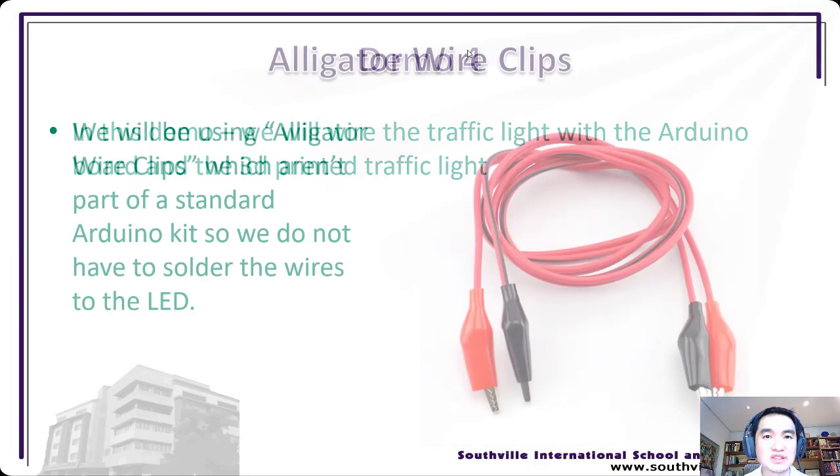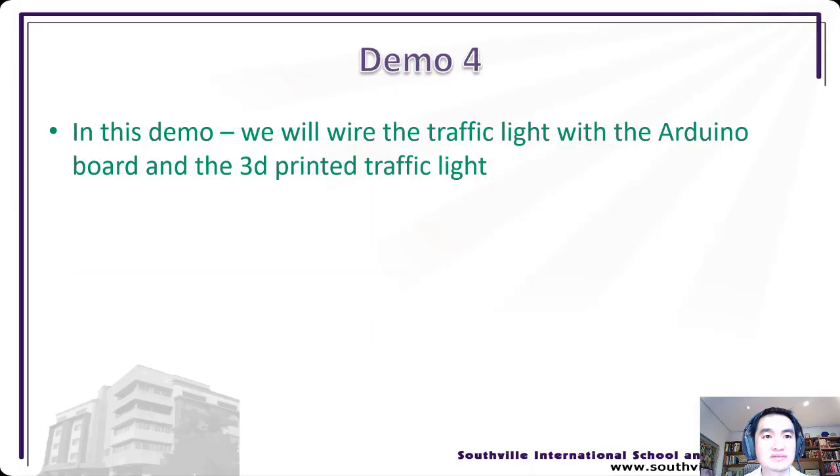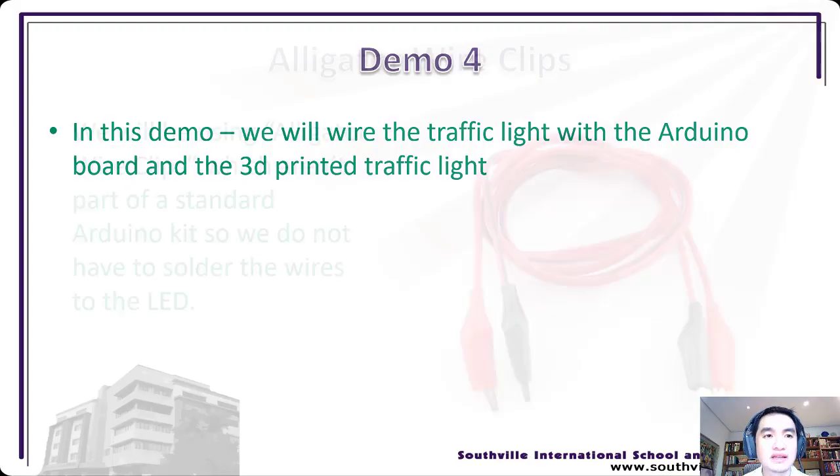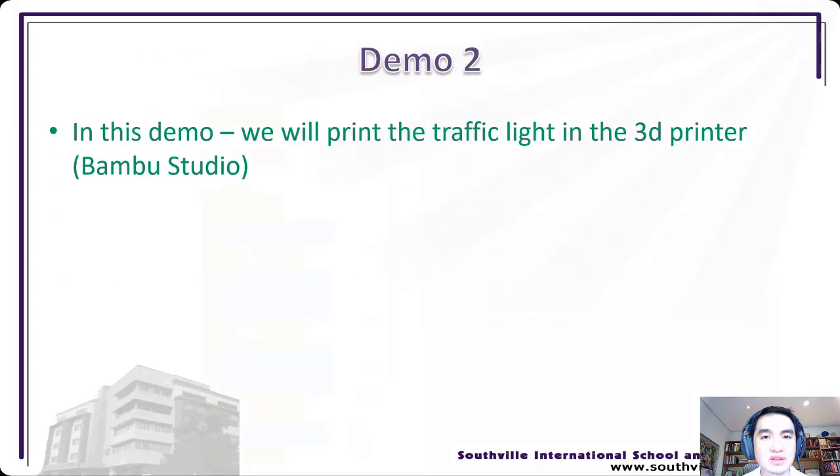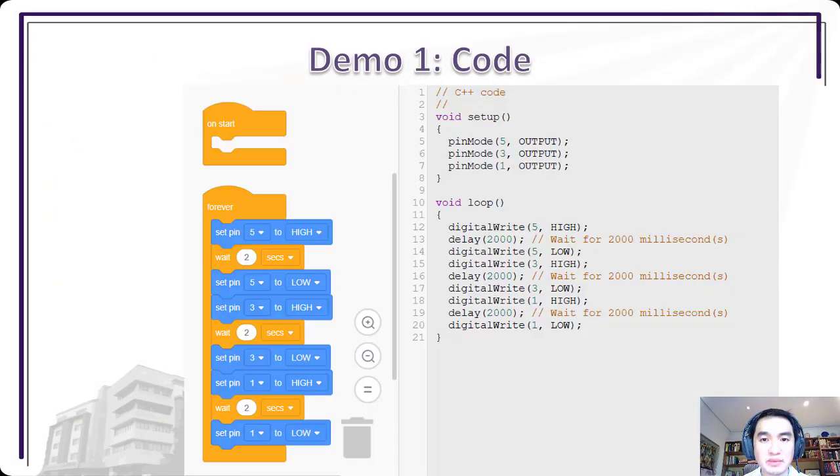But at least it lets you bring it to life. Okay, so that's everything wired up and working. So now we're going to code it with pretty much this code that you saw on the Tinkercad. We'll just bring that to life in Arduino.